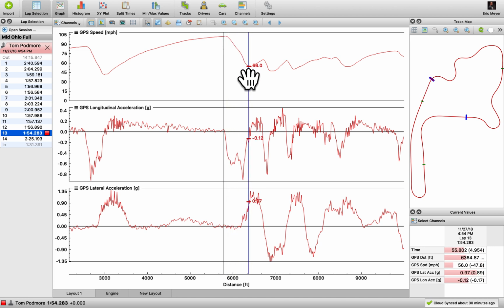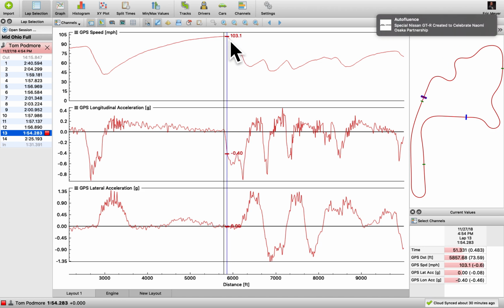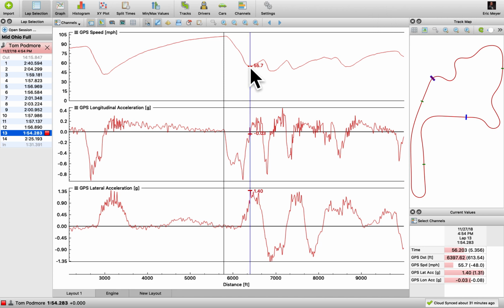In other words, instead of braking down to 55 miles an hour right here, try to brake to 56 or 57 or 58 or 59 and come off the brake early. Remember, we're steeper in the brake zone. We've got a couple options because a lot of the time, lap time is how much you're not braking off.